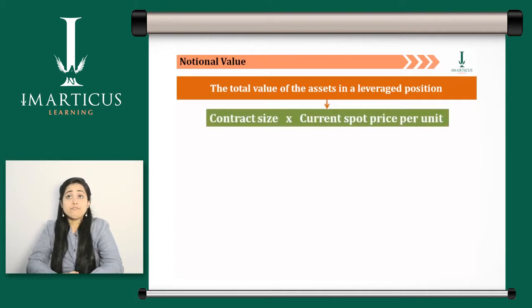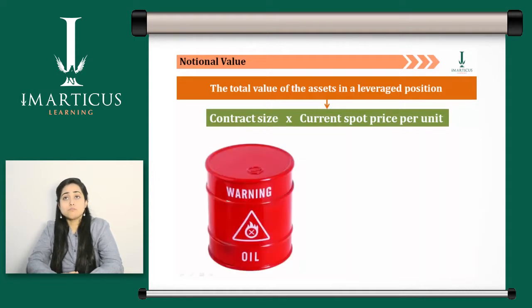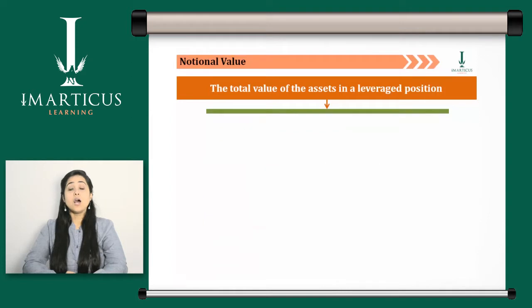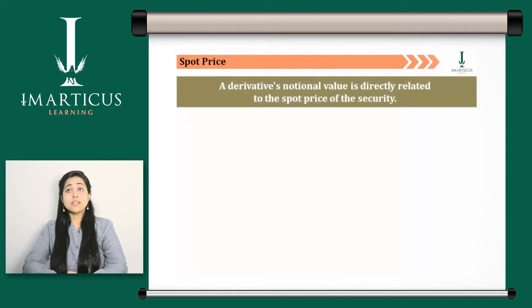For instance, a futures contract for crude oil controls 1000 barrels of crude oil. Therefore, if the spot price of a barrel of crude is $80, then the notional value of an oil futures contract is $80,000.